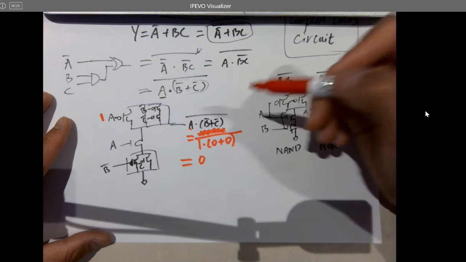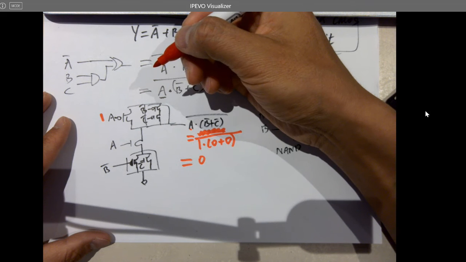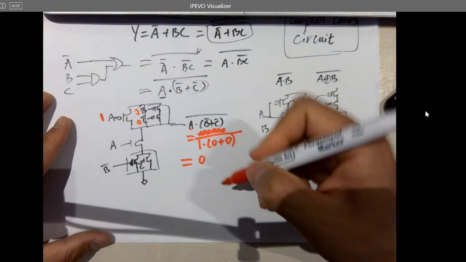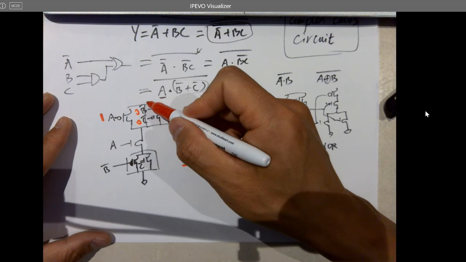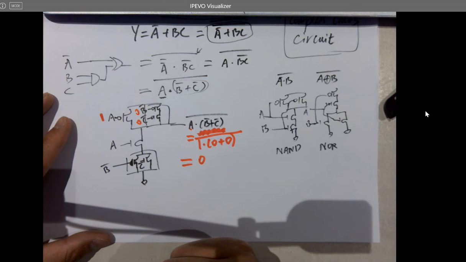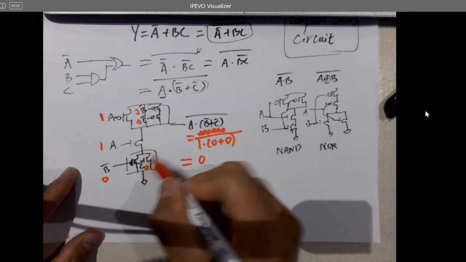And B naught, C naught, they are both zeros, so you get a pathway to VDD. And keep in mind, you have a bar here. B naught, C naught are zeros. If this is 1, 0, 0, it should be 1.